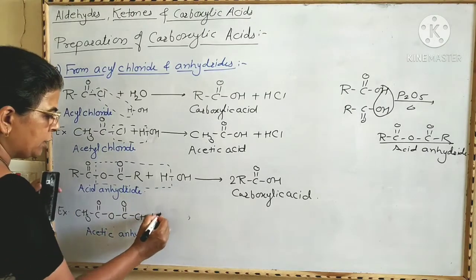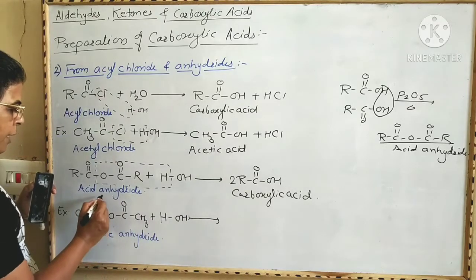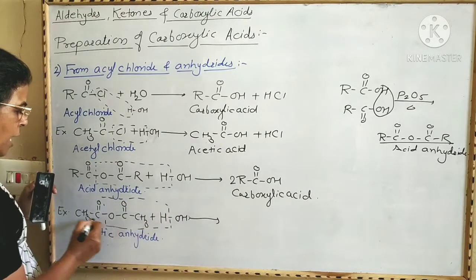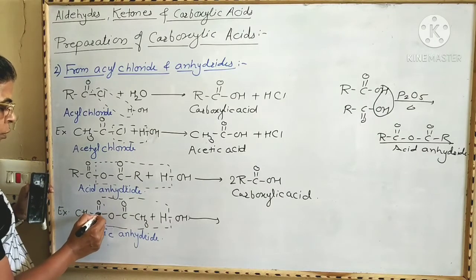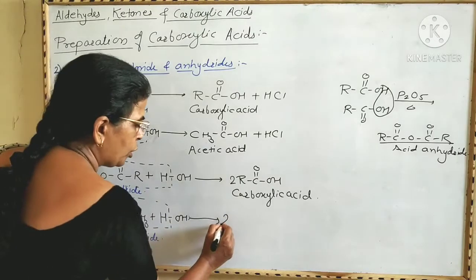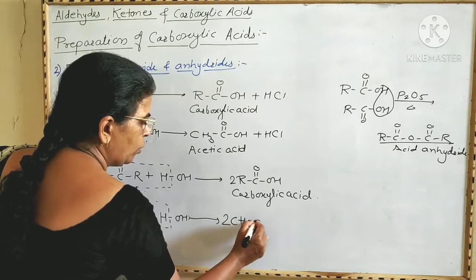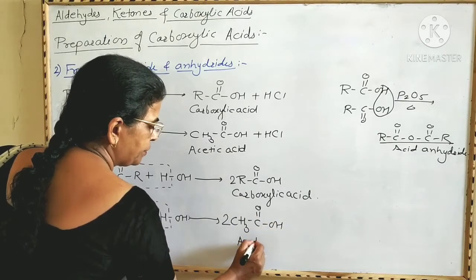Here also hydrolysis is carried out like this. Breaking of this bond takes place. Here this RCO is replaced by this hydrogen atom, and from this CH3CO, the OCO-CH3 is replaced by OH group to form two molecules of CH3COOH. This is acetic acid.